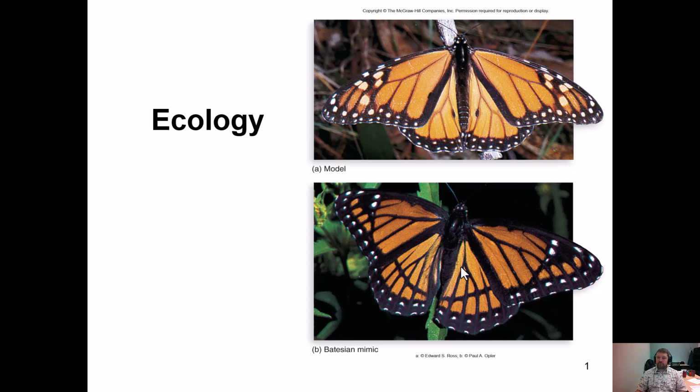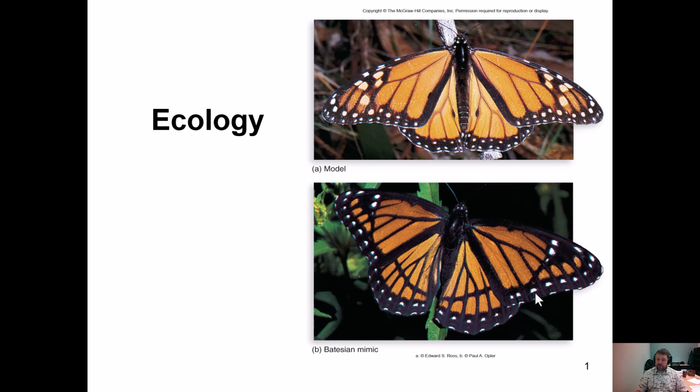Now, let's think about a world where there are no monarchs. It doesn't take long for the viceroy butterfly to have their populations decline, because once birds find out that this butterfly is not a monarch, doesn't taste bad, and isn't toxic, the bird will be feeding its offspring viceroy butterflies.